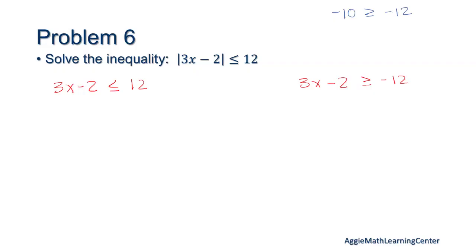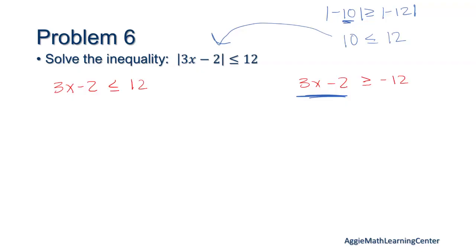We're saying if we had something on this x side, negative 10, and we take the absolute value of both of those, we have that 10 is less than or equal to 12, which matches our original inequality. So it just wouldn't be true if we left it the other way.